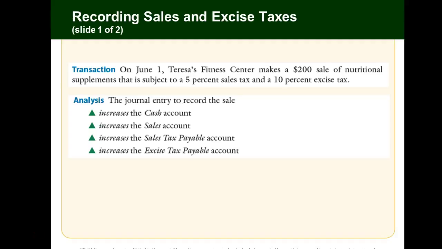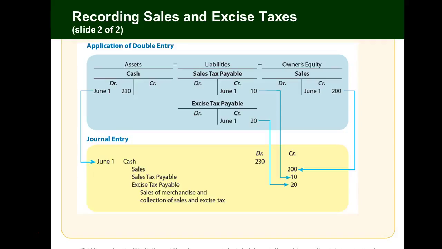But in addition to that sale, they also collected sales tax and excise tax, right? So we need to show on that $200 they had a sales tax and an excise tax. They collected $230. Cash came in of $230.